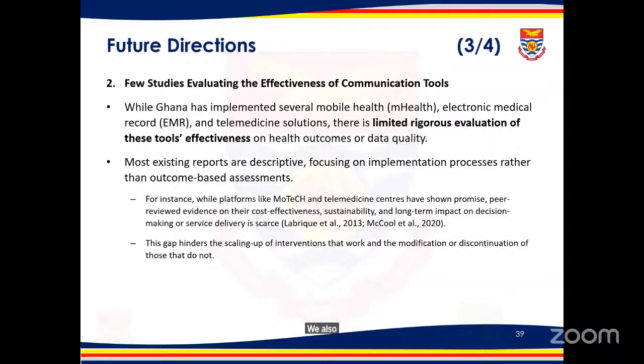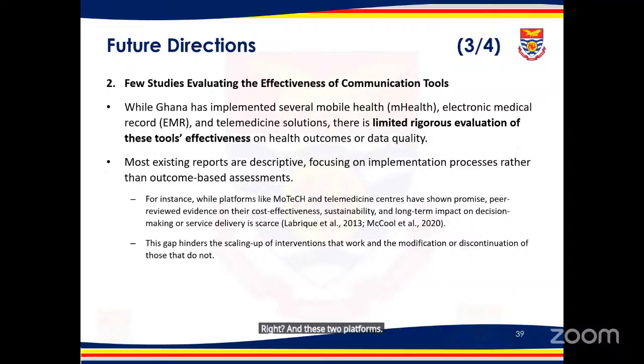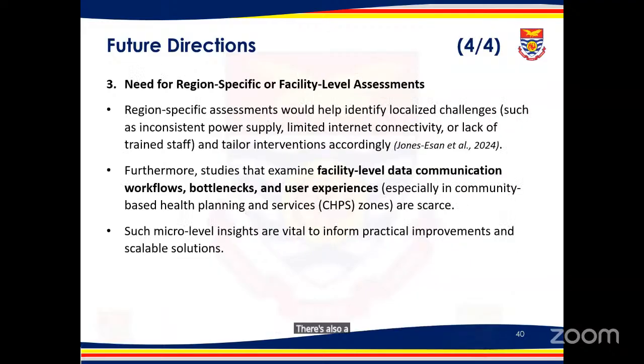We also need some future studies to evaluate the effectiveness of these communication tools that we have, like the DHIMS2 platforms, the LIMS platforms, in order to have some backing data to really embark on a wide scale up of some of these platforms to help data communications. There is also a need to have a region-specific or facility-level assessment.